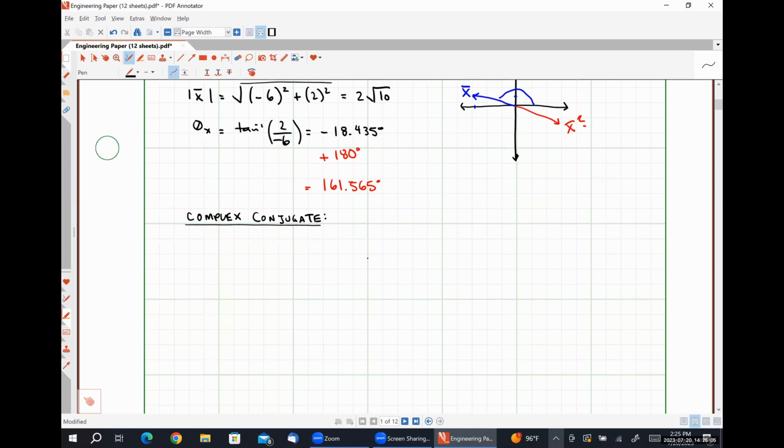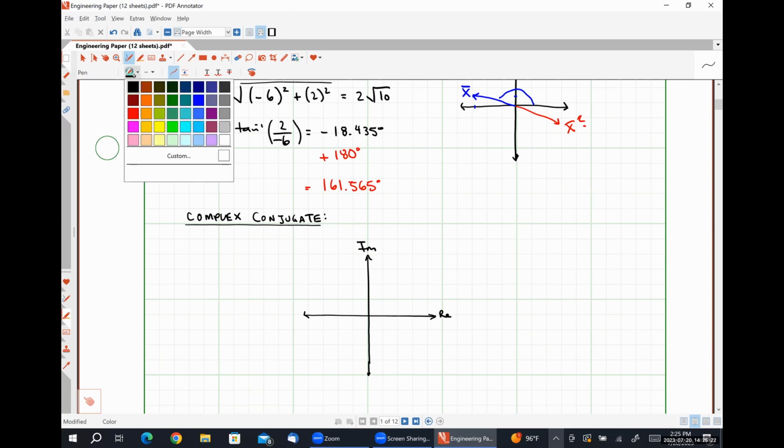So if I have a complex number on the complex plane, like so, once again, let's identify this as real, and this is imaginary.